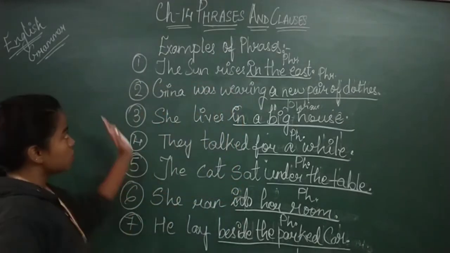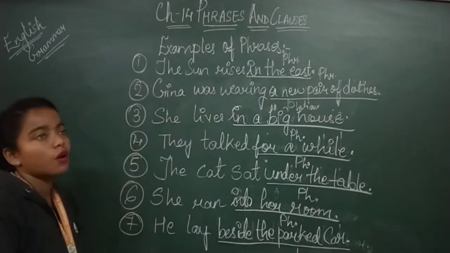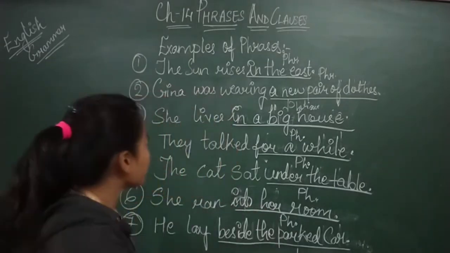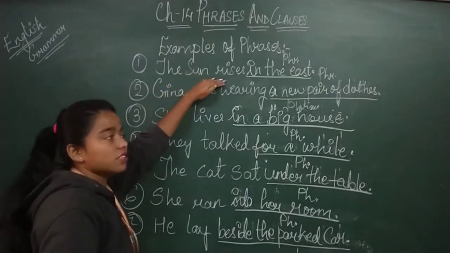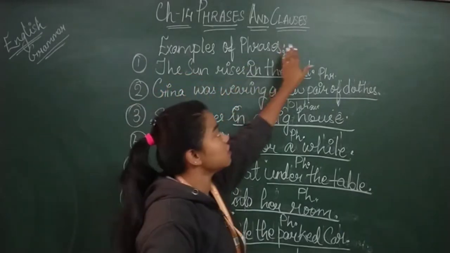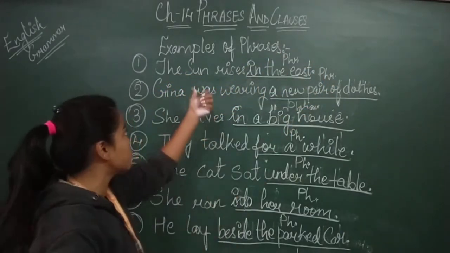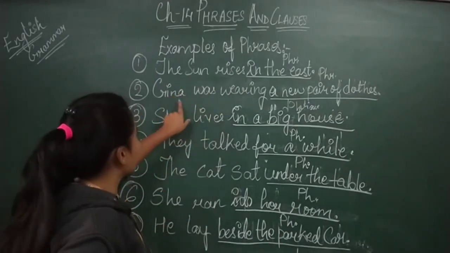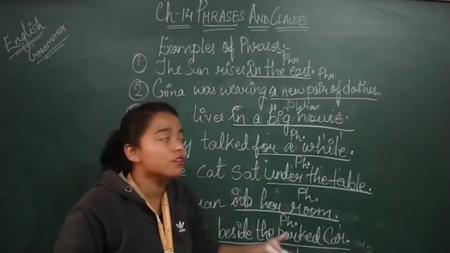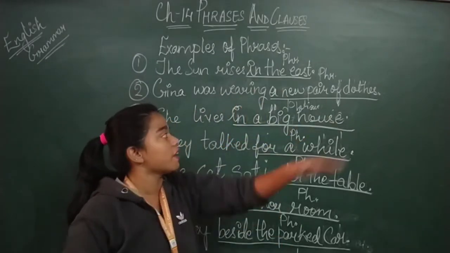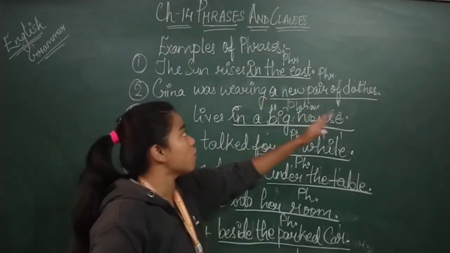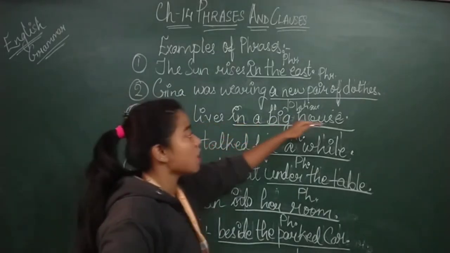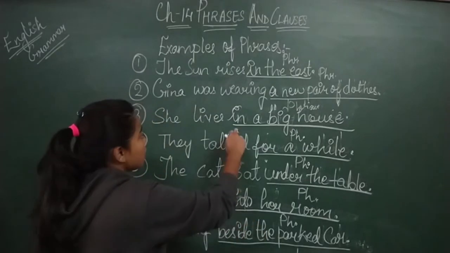So you all understood the seven examples, how they are making the complete sense for the sentences. In the first, the sun rises in the east. "In the east" is making the complete sense for the first sentence, the half sentence. Next, Dina was wearing, what was she wearing? A new pair of clothes. So "a new pair of clothes" is a phrase. She lives in a big house. So where does she live?